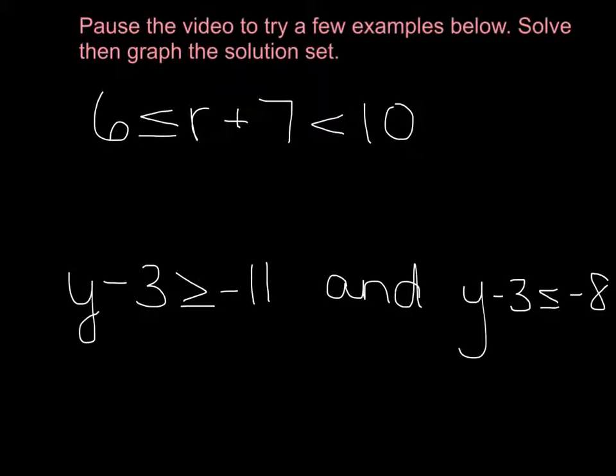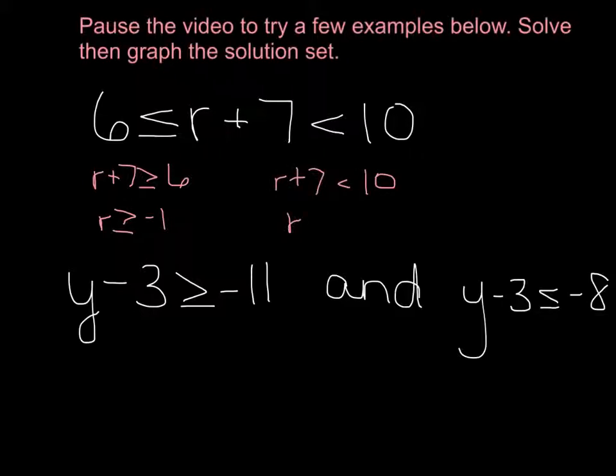So for the first example, it is 6 is less than or equal to r plus 7 is less than 10. So you want to pull these apart and then you want to begin solving. So for the first one, we would have r plus 7 is greater than or equal to 6. So that means that r is greater than or equal to negative 1. And then we have r plus 7 is less than 10.